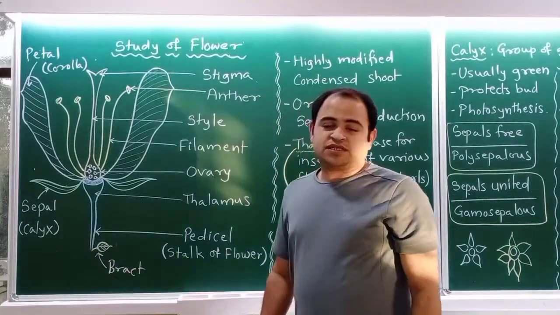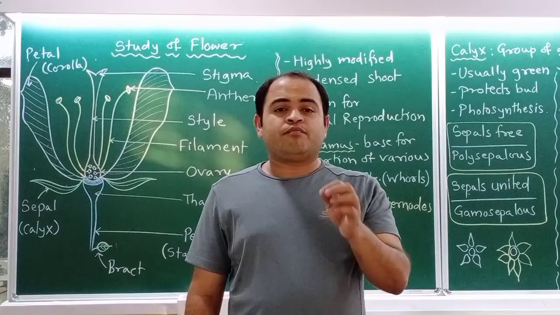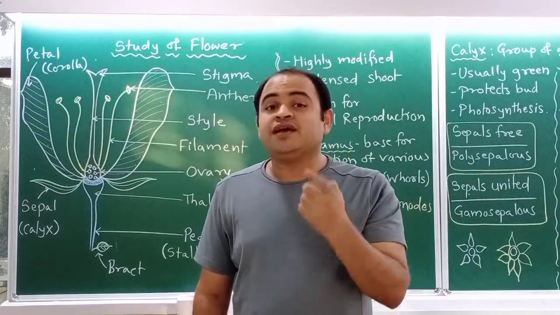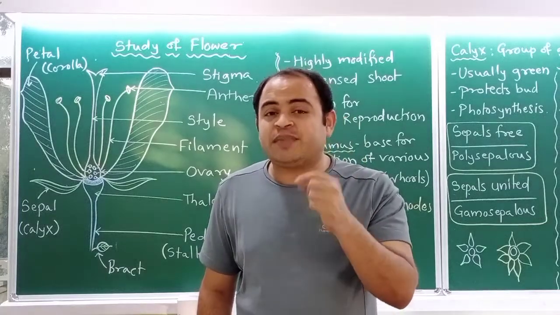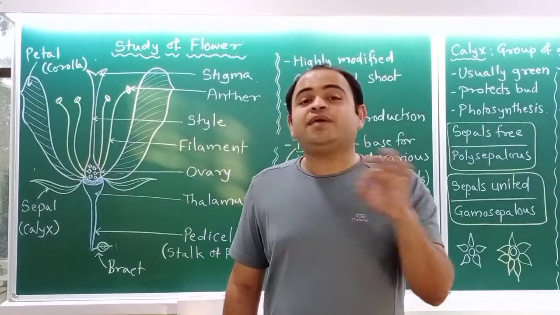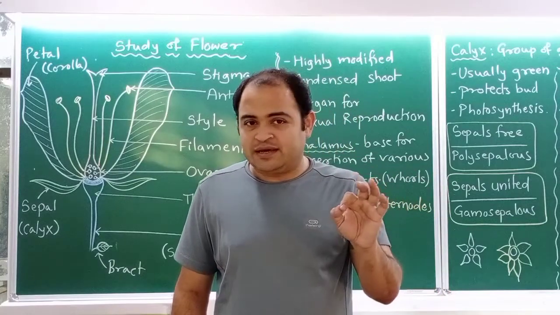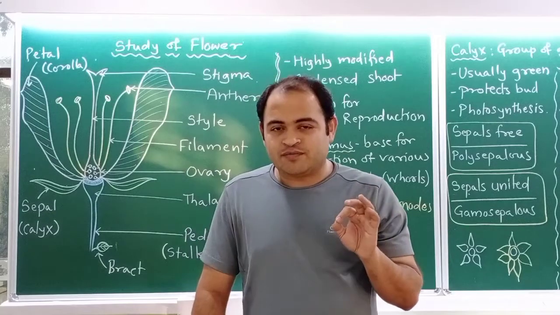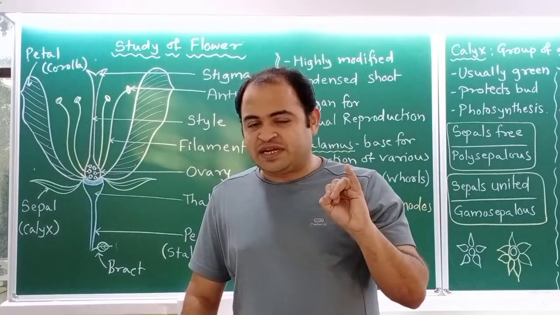So this is bract. A flower with pedicel is pedicellate. A flower without pedicel is sessile. A flower with bract is bracteate. And a flower without bract is ebracteate. Not abracteate, ebracteate. That much part you should remember now. With pedicel, pedicellate.